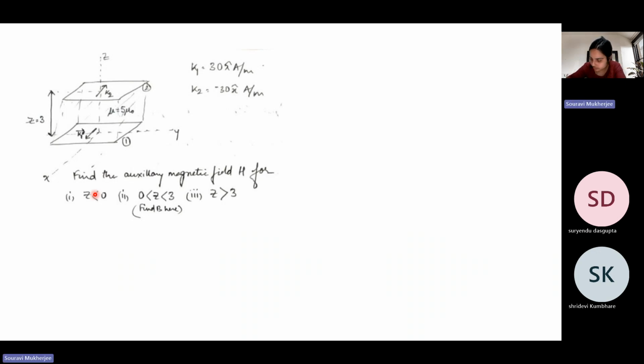Any idea, guys? If you have any doubt, you can ask, or otherwise just try to solve. Remember that for such systems, as we discussed, the distance from the surface does not matter.